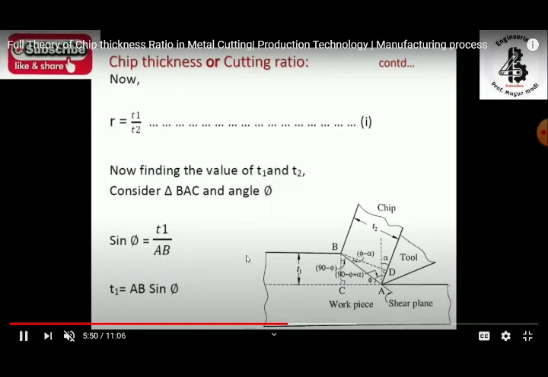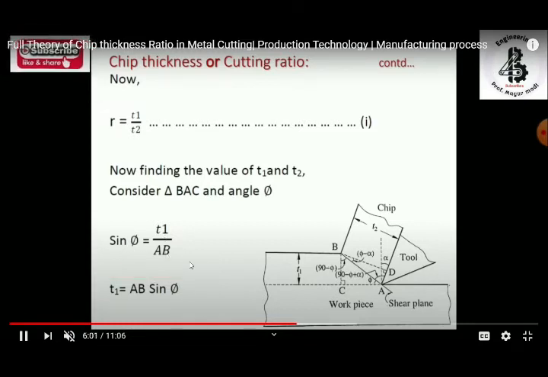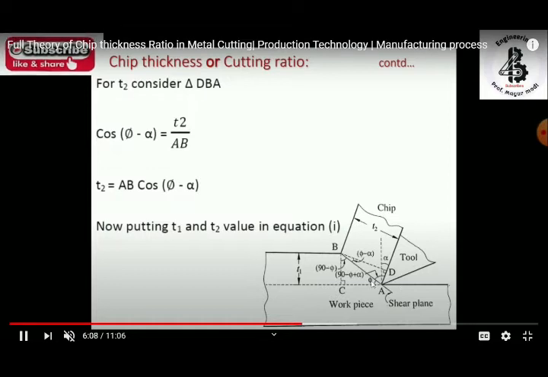Next, two triangles are there, ABC and ABD. First triangle: AB is equal to T1 divided by sin phi. You remember that. Next, second triangle ABD or DBA: cos phi minus alpha is equal to T2 divided by AB.